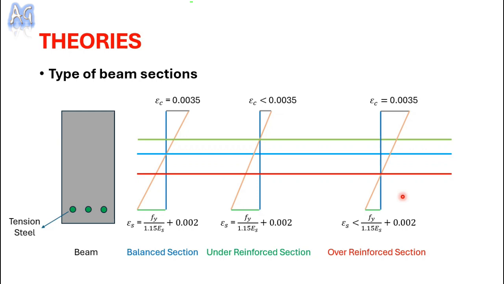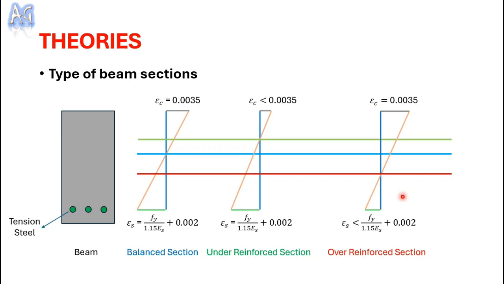Practically you cannot provide 609.45 millimeter square AST, because in the market the available bar diameters are 10 mm, 12 mm, 16 mm, like that. Using them, you cannot match a number like 609.45. So either you have to provide more than that value or less than that value, right?